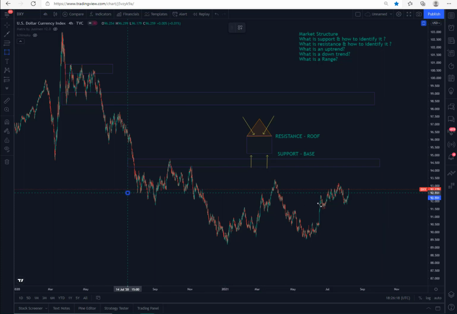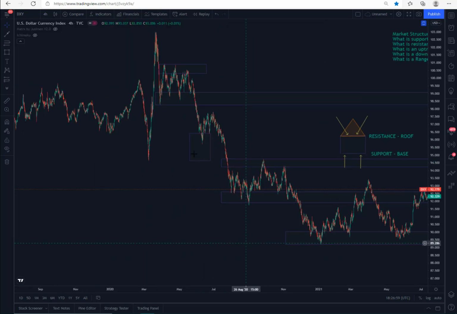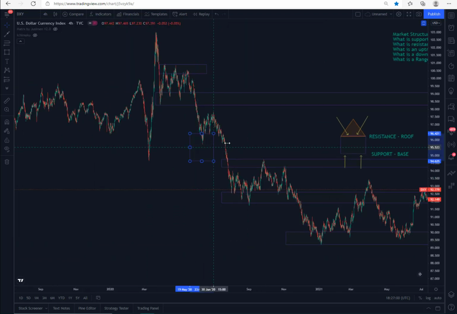Let's do the same here. So let's assume we start from here. This is your initial resistance and support. Price broke through this support, created a new support over here, and if I take this support here, for example, I bet if I go to the past, you would see this acting as previous support as well, right?